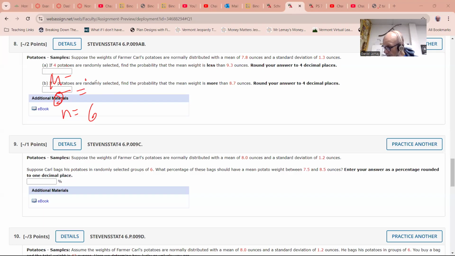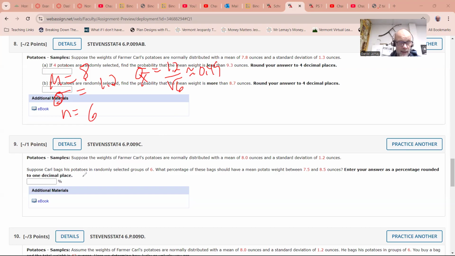The mean is, heck, I didn't write. Oh, right, it's right here on the screen. 8. And then the standard deviation is 1.2, but because we got a sample size of 6, that standard error, or excuse me, standard deviation for the sampling distribution is going to be 1.2 divided by the square root of 6. So 1.2 divided by the square root of 6. I'm getting 0.49 too. I'm going to round to 0.49.